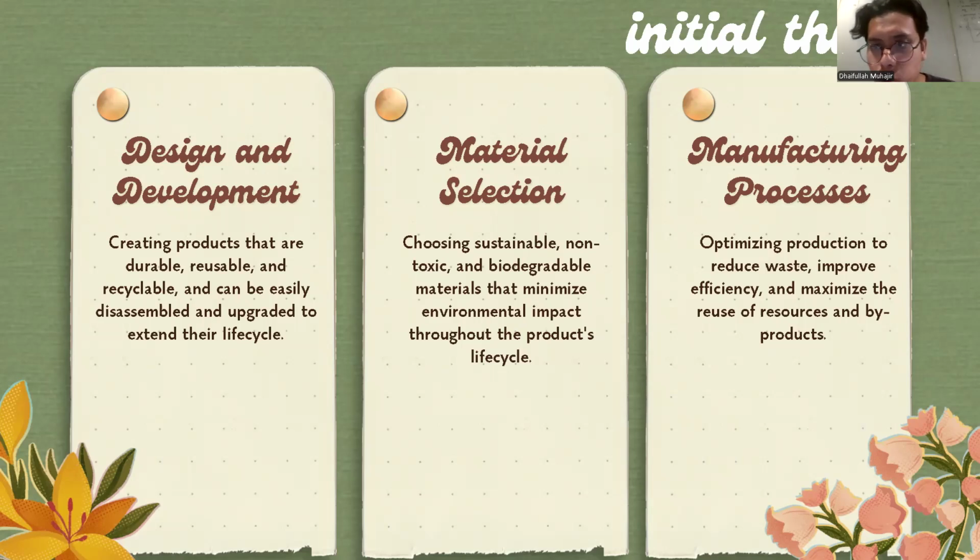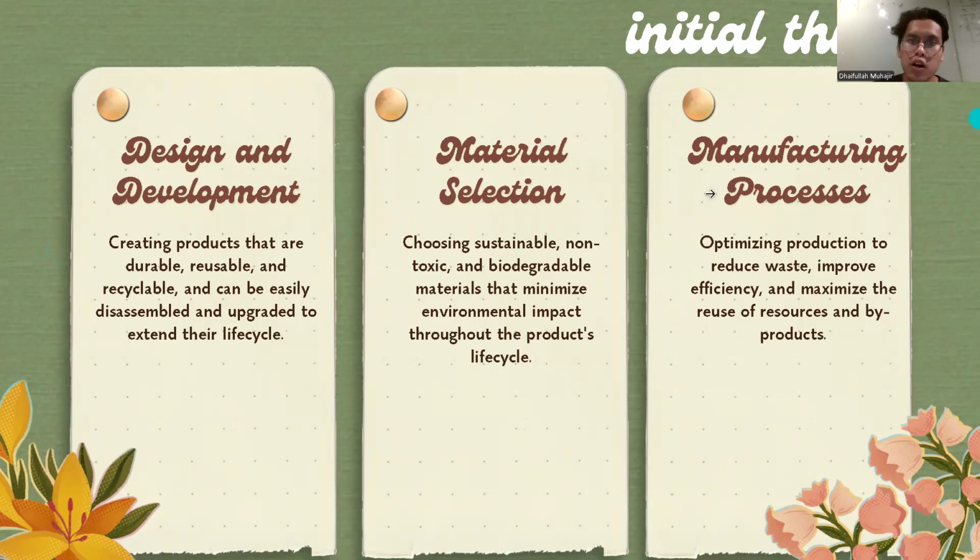We move to the third point, the manufacturing process, which is optimizing production to reduce waste, improve efficiency, and maximize the reuse of resources and byproducts. The manufacturing process also plays a really big role in circular economy in engineering, because it really affects the creation of the products that we want to create.